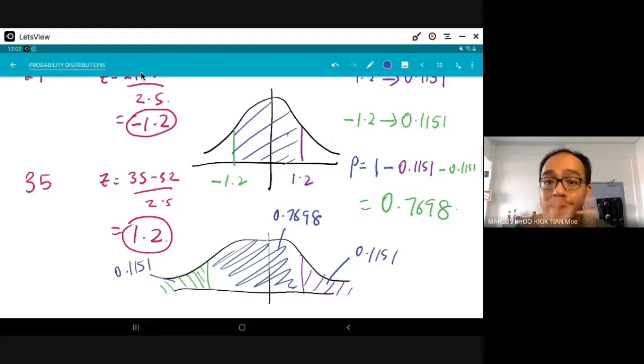You can count anything under the graph. You don't even have to use integration to calculate the area under the graph. That's why the table is very important. The table gives you values to make your life easier, so you don't have to use integration to find this and that. We use the table to help us, and we have to understand that the total area under the graph is always 1.